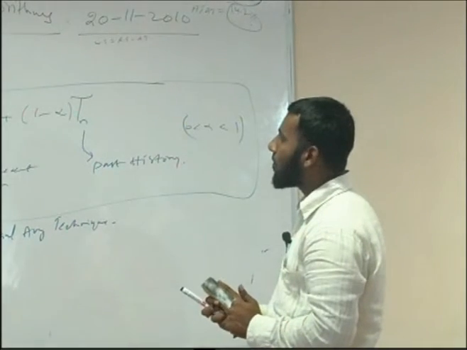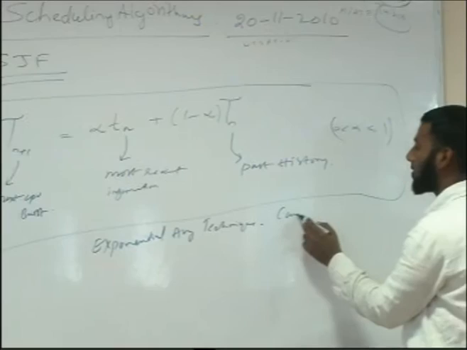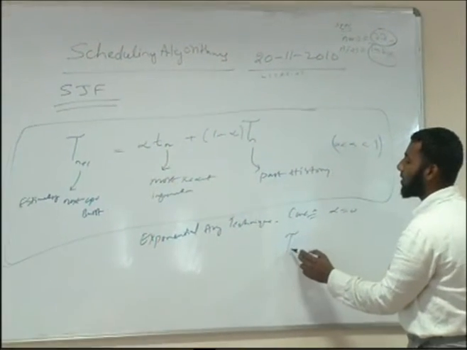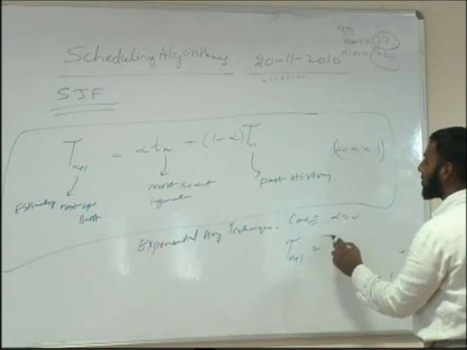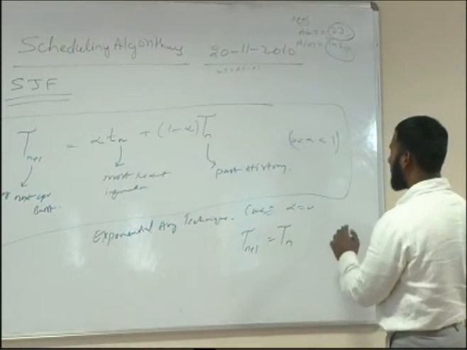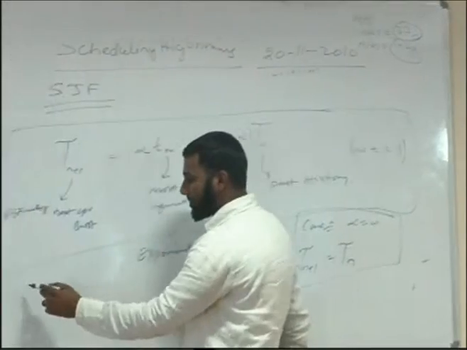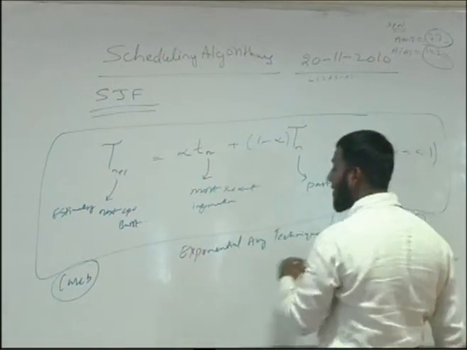Now, what happens if the value of alpha is 0? Okay. Case A, if alpha is 0, then tau of n plus 1 becomes tau of n. Case B, what happens if alpha is 1?